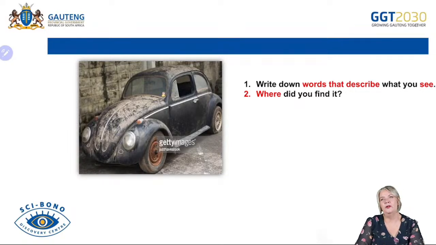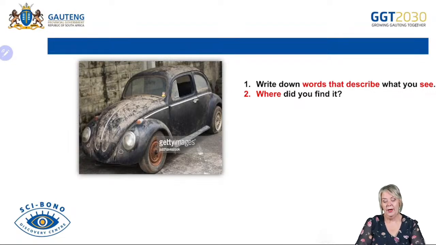And then the next question that you can think about is, where did you find this car? Can you see that you are already creating a storyline? Because where you find it says a lot. It might be in your grandfather's garage. It might be next to a wall of a deserted house.